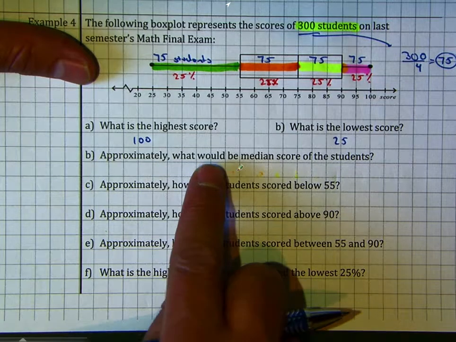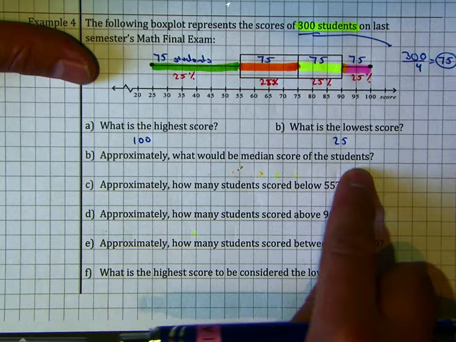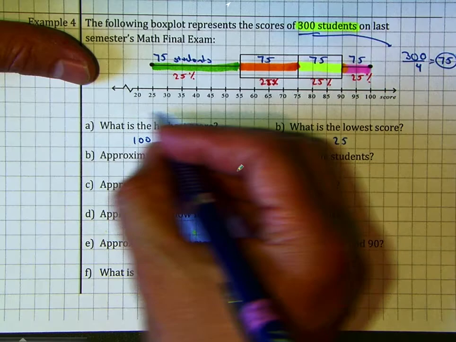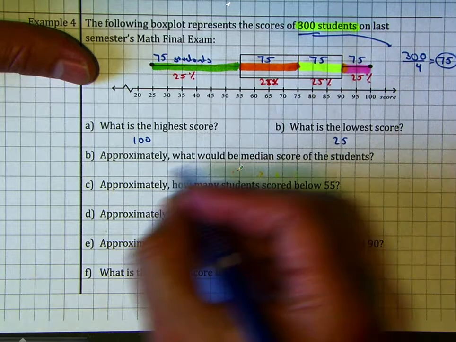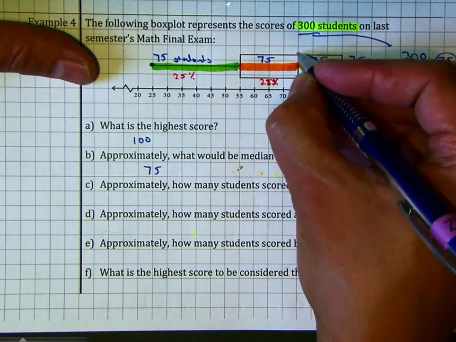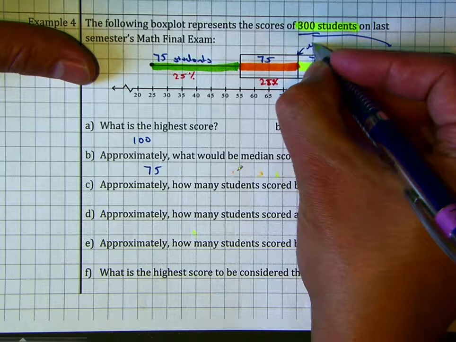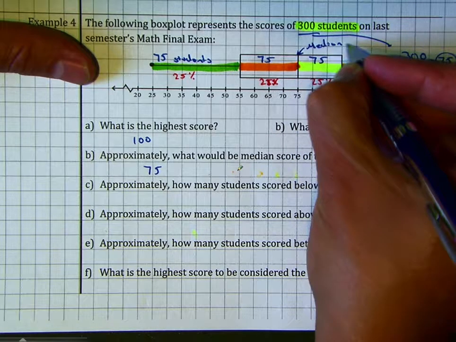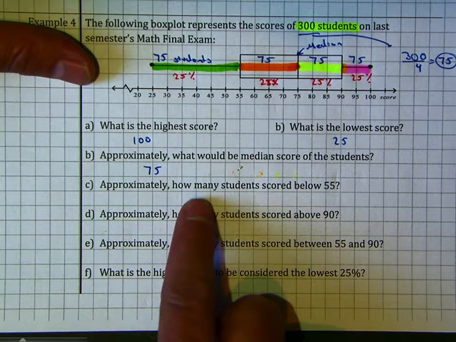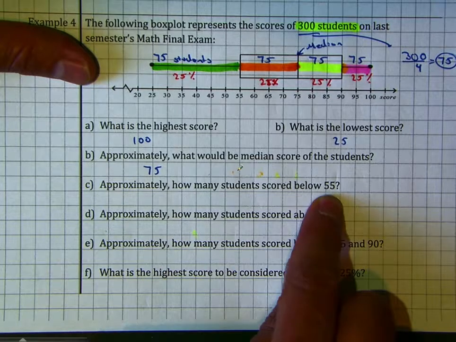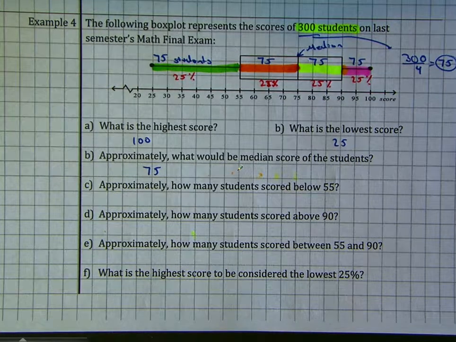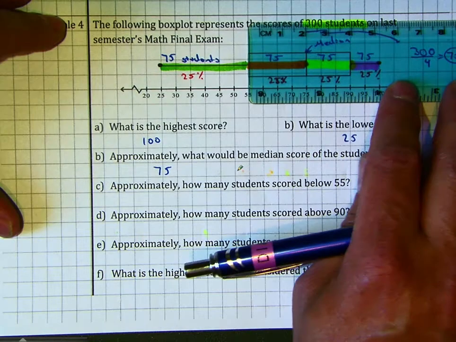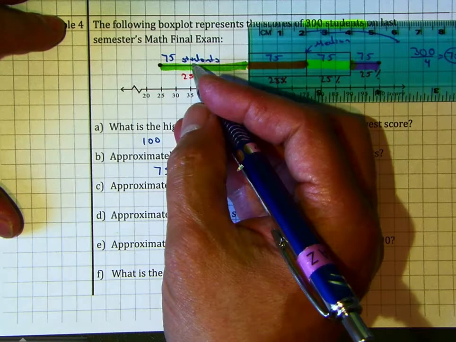Approximately, what will be the median score of the students? The median score will be 75. And let's go and label it. So this is your median. Approximately, how many students score below 55? Below 55, we have 75 students.